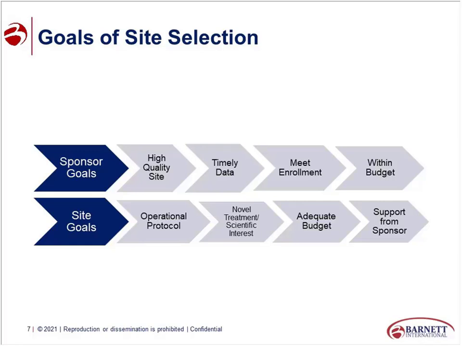So again, that sponsor support is important. So we have these 2 tracks, if you will, the sponsor goals and the site goals. And we're going to be addressing now site selection and feasibility from both of these perspectives.